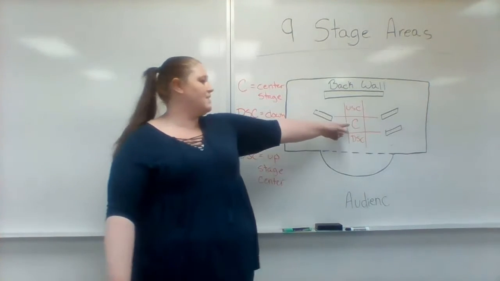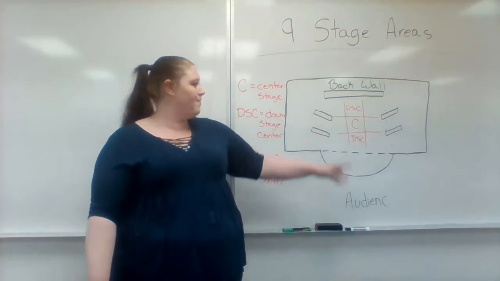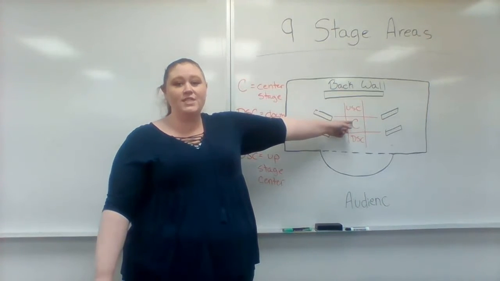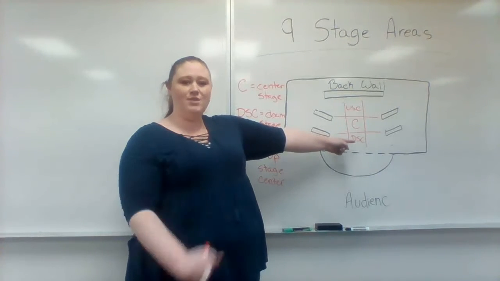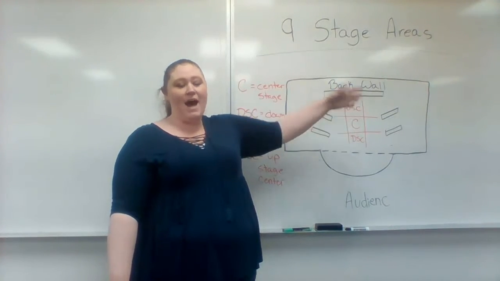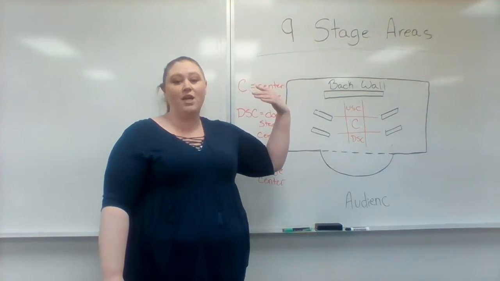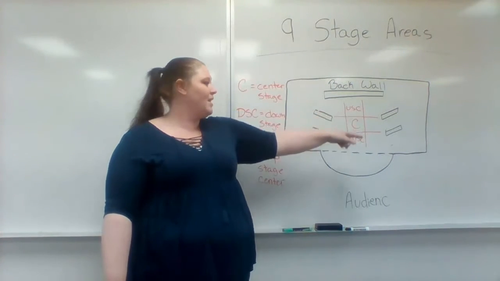So we have center stage to be in the middle of the stage. If we go towards the audience from center stage, we are now downstage center. If we go towards the back of the theater, away from the audience from center stage, we are in upstage center.